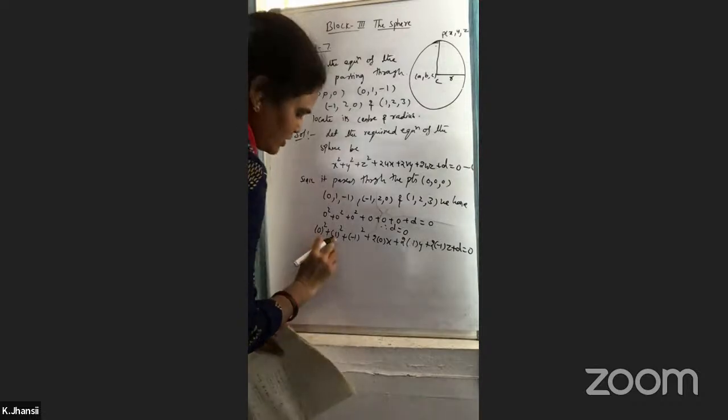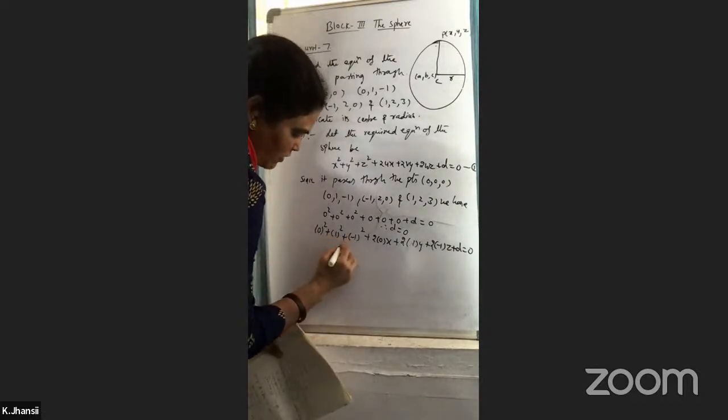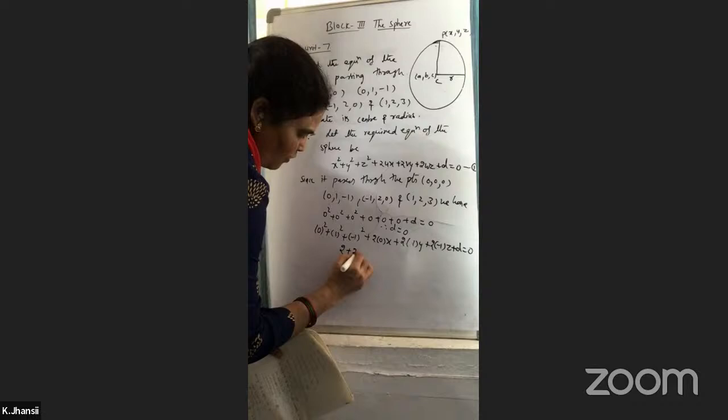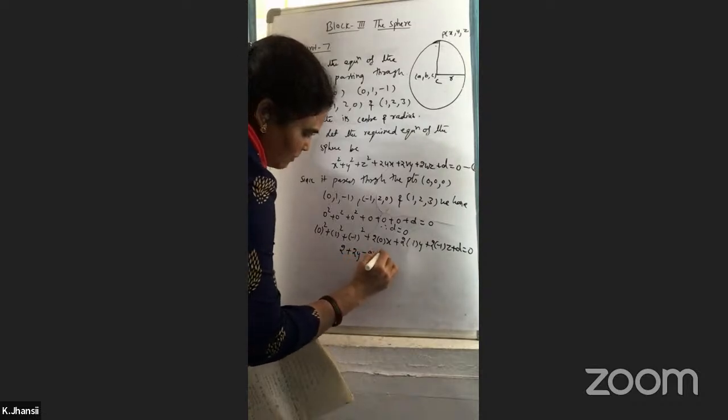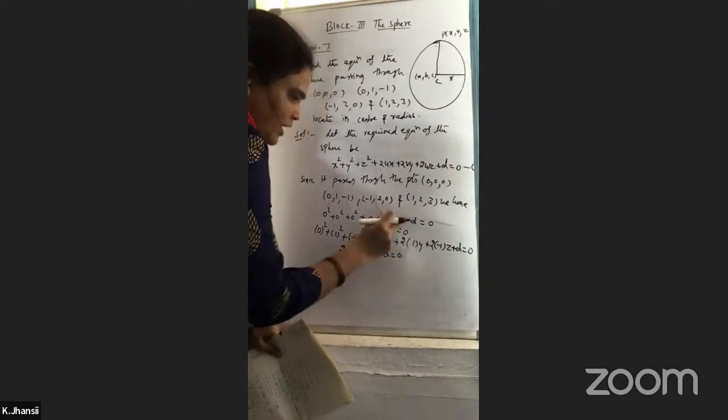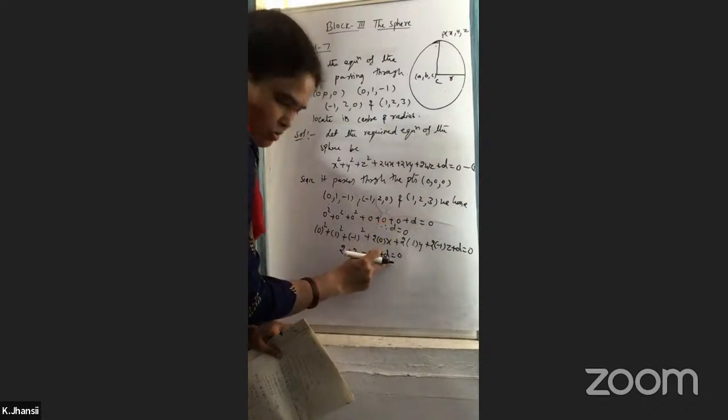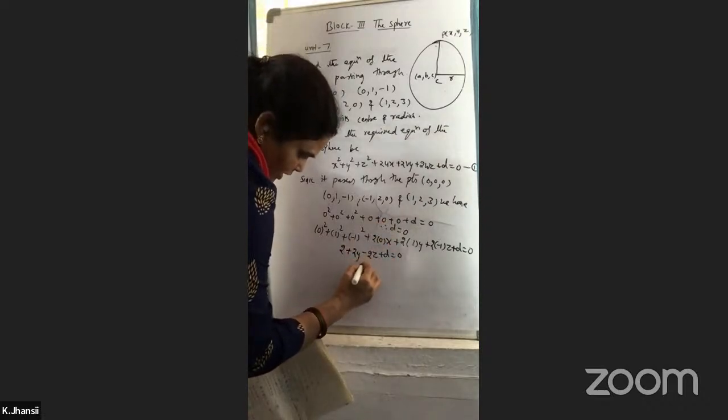Now what is remaining? This is 1 and this is also 1, so 1 plus 1 is 2. So 2 plus 2y minus 2z plus d equals 0. From the above, the d value is 0. So you will get it as 2.